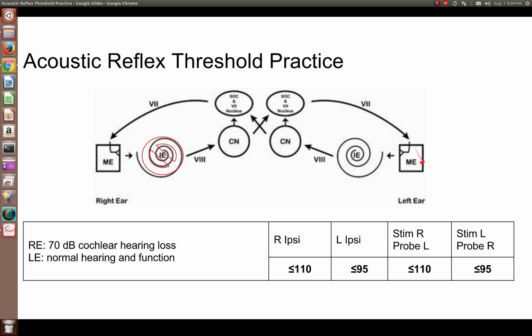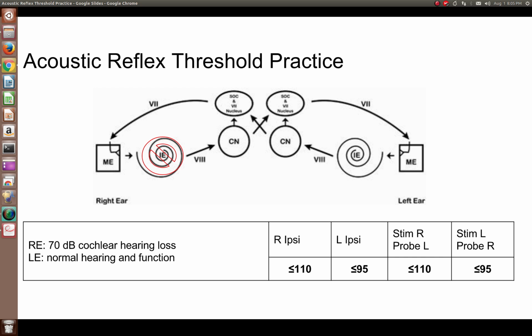With the left contra reflex pathway, we go from middle ear here on the left to the left inner ear to the left cochlear nucleus, left superior olivary complex. We cross over from the left cochlear nucleus to the right superior olivary complex. Then down to the seventh nerve on the right side, the right middle ear. You can see that the right cochlea plays no role whatsoever in the left contra pathway.